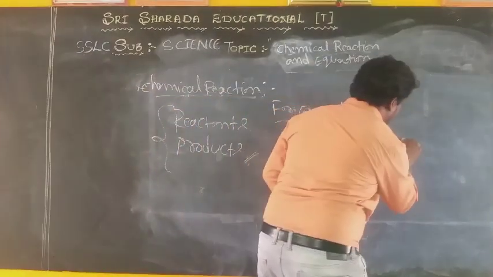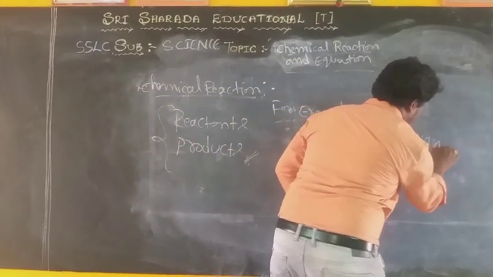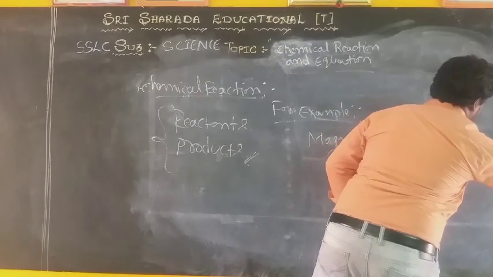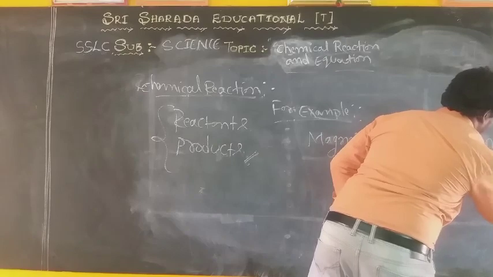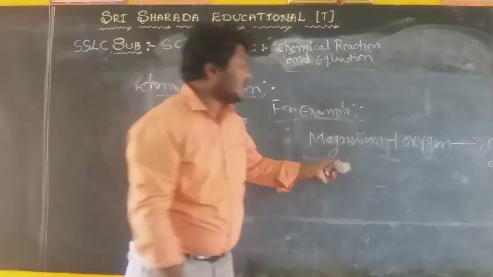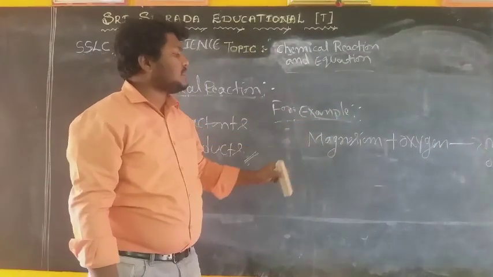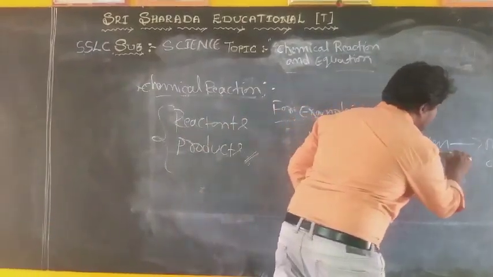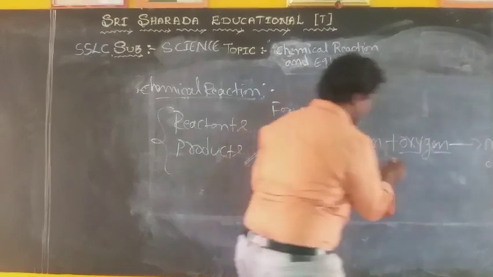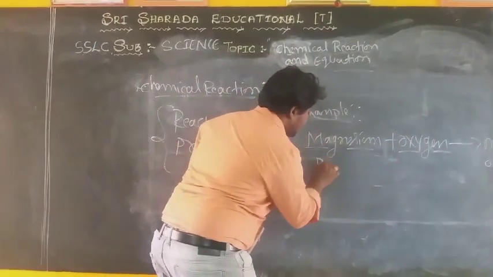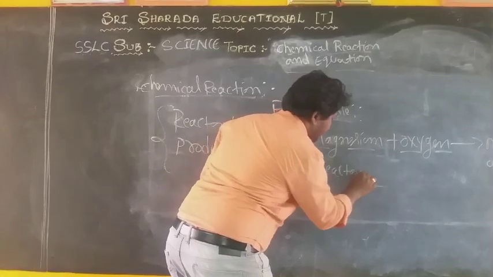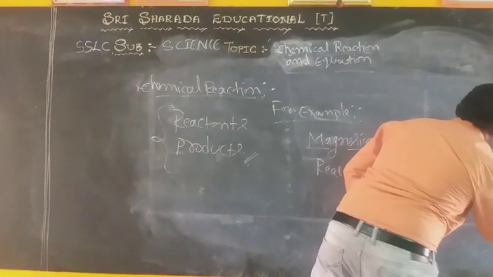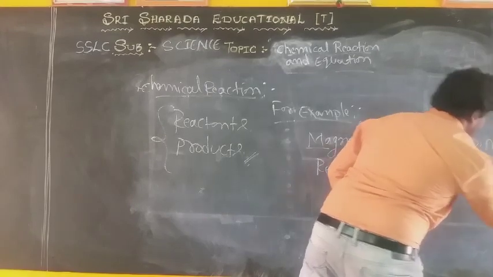This chemical reaction can be represented in words: magnesium reacts with oxygen to give magnesium oxide. Here the left-hand side (LHS) is called the reactants and the right-hand side (RHS) is called the products.